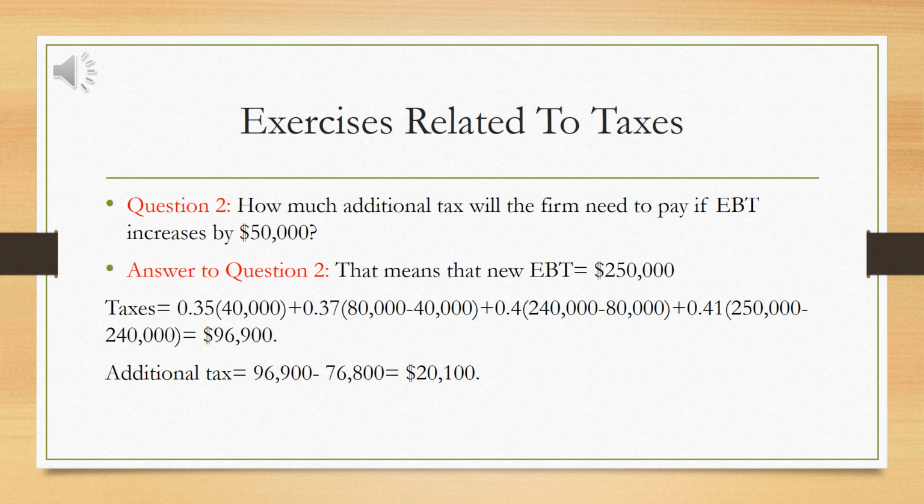Taxes are equal to 0.35 times 40,000 plus 0.37 times (80,000 minus 40,000) plus 0.4 times (240,000 minus 80,000) plus 0.41 times (250,000 minus 240,000), which is 96,900. Thus, the additional tax is 96,900 minus 76,800, which is 20,100.